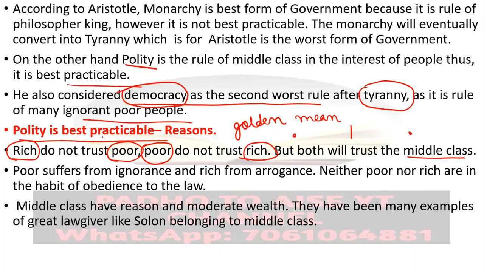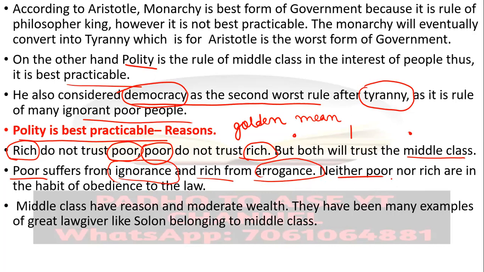The second reason is the poor do not have any knowledge at all, and they suffer from ignorance. But the rich people, on the other hand, are very wealthy and well educated as well, so they have arrogance. So both of these are not good things. Neither ignorance is good nor arrogance is good. However, the middle class are neither ignorant nor arrogant, so they are good.